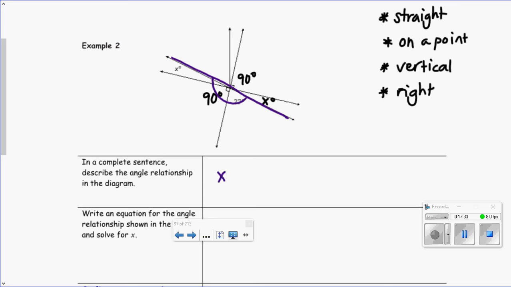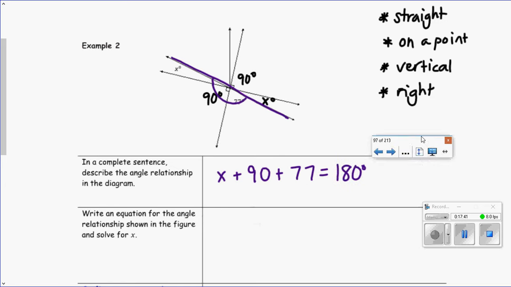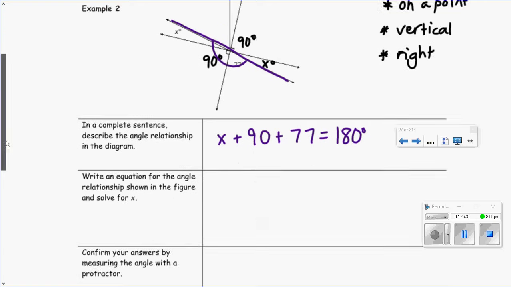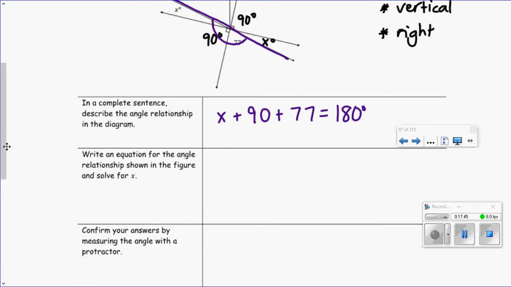So that means that x plus 90 plus 77 equals a straight line, which is 180 degrees. Now you can actually go ahead and solve that. So really that one wasn't too bad, but I just want to show you that you might have to think of some different relationships to try to come up with the best way to figure it out.